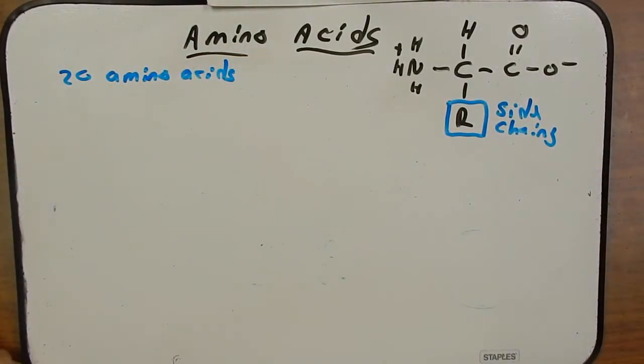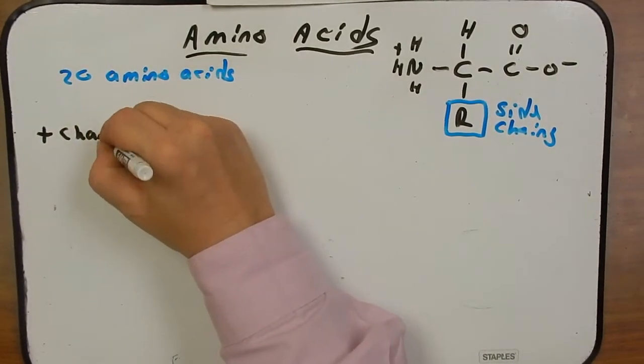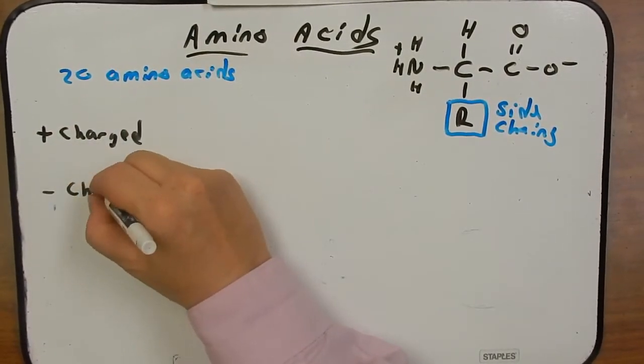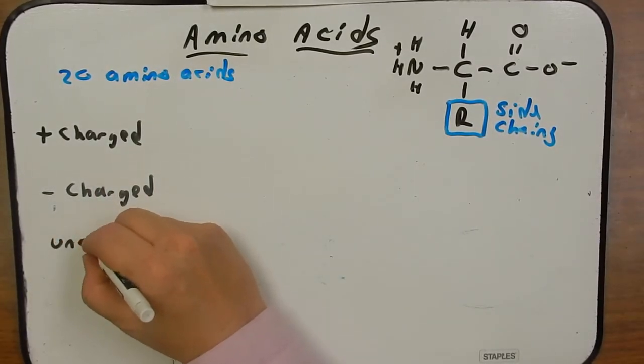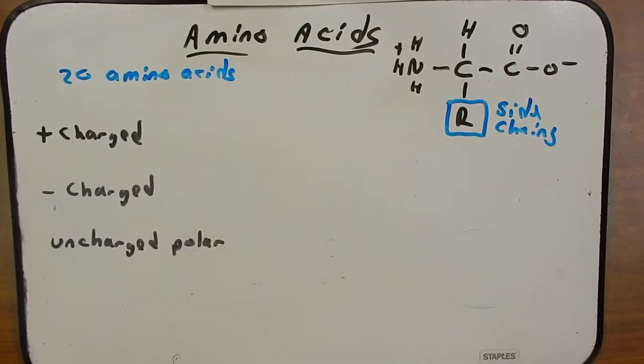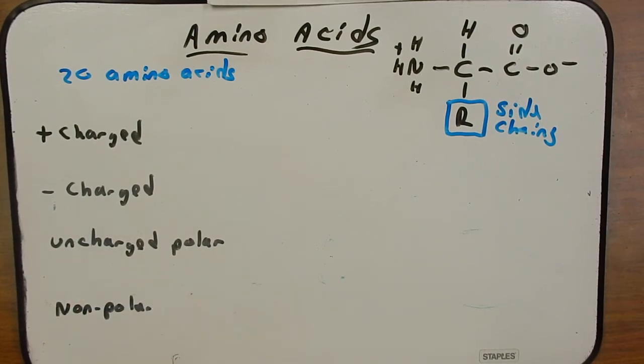We can characterize these side chains, these amino acids, in one of 4 groups. We have positively charged amino acids, we have negatively charged amino acids, and we have uncharged polar amino acids. So they still have a polar characteristic to them, but they don't have a charge. And then finally, we have nonpolar amino acids.